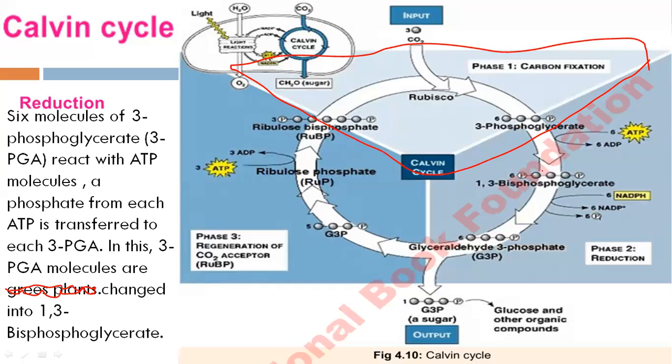Then later on it will change by utilizing the energy of NADPH, breaking down the bond of hydrogen. So hydrogen will add to this 1,3-bisphosphoglycerate in place of phosphate. So phosphate will be removed, and this will become G3P.